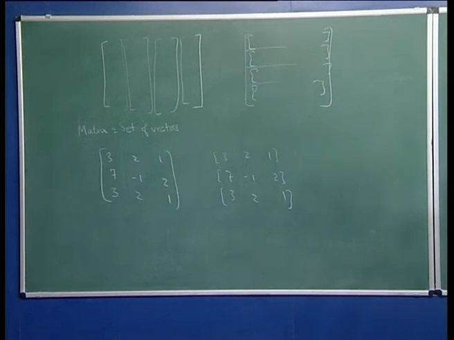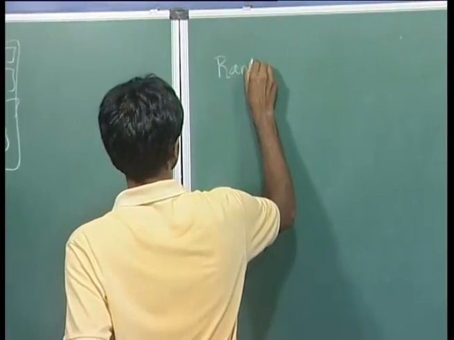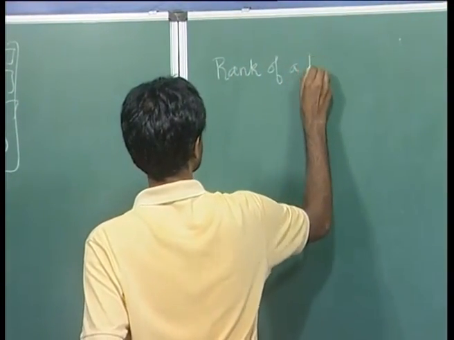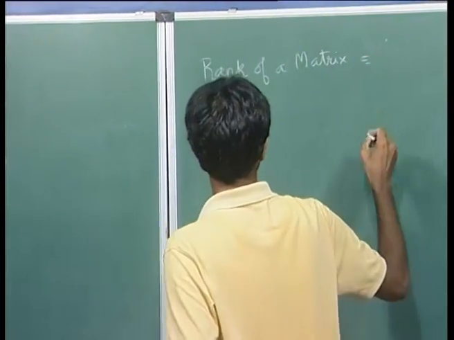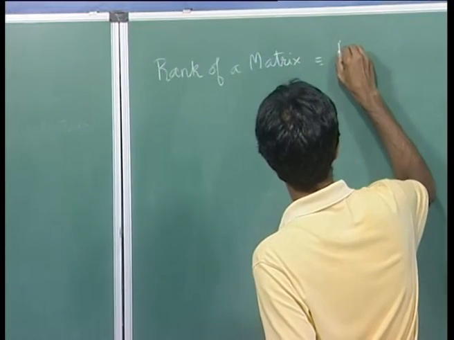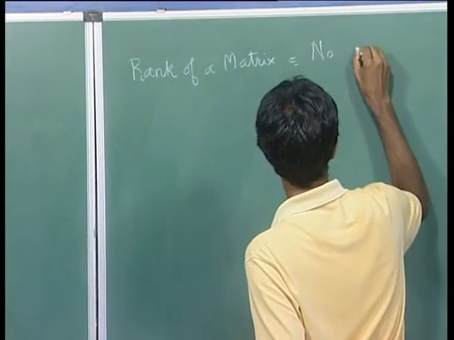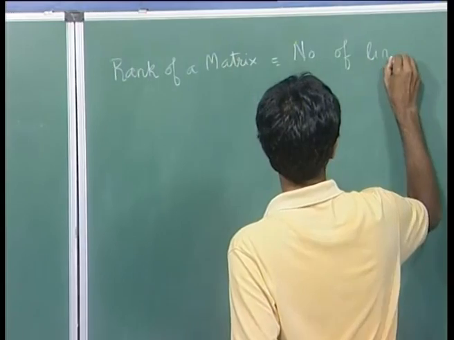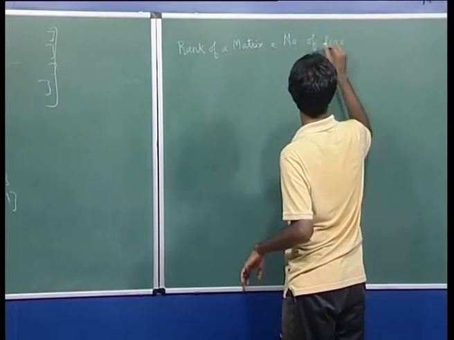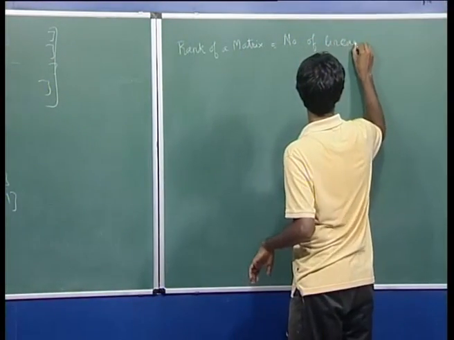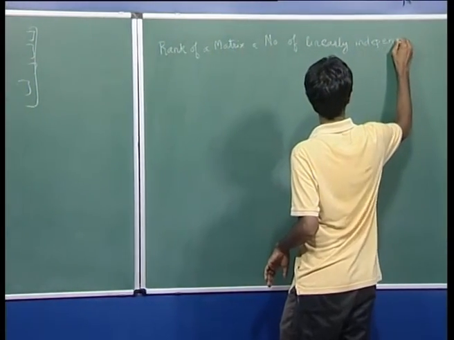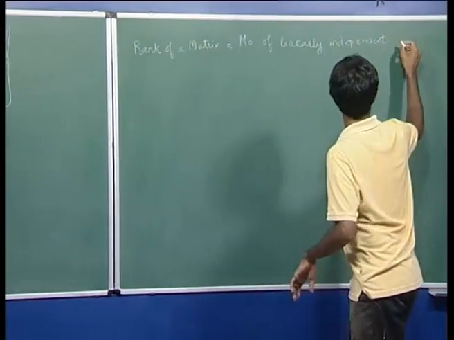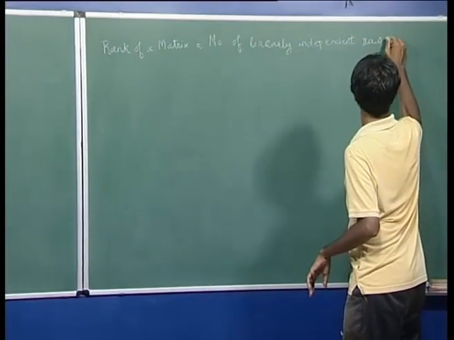Okay. And this allows us to define something called the rank of a matrix. The rank is the number of linearly independent rows or columns.